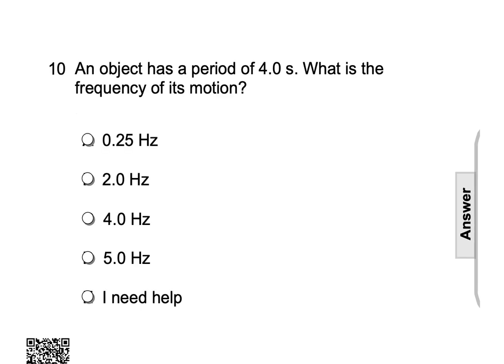Okay, in this one, they give me the period. What is the frequency? So what is the angular speed of its motion? Omega equals the revolutions per time.